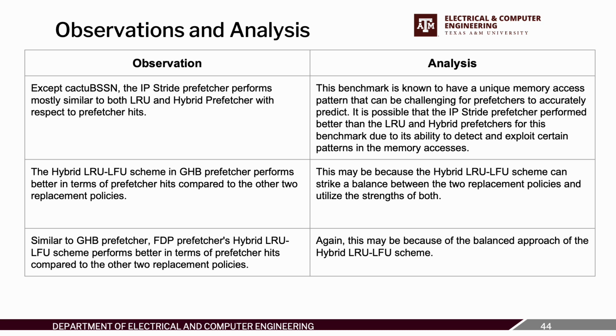This may be because the hybrid LRU LFU scheme can strike a balanced approach between the two replacement policies and utilize the strength of both. Similar to the GHB prefetcher, the FDP prefetcher's hybrid LRU LFU scheme performs better in terms of prefetcher hits compared to the other two replacement policies. Again, this may be because of the balanced approach of the hybrid LRU LFU scheme.